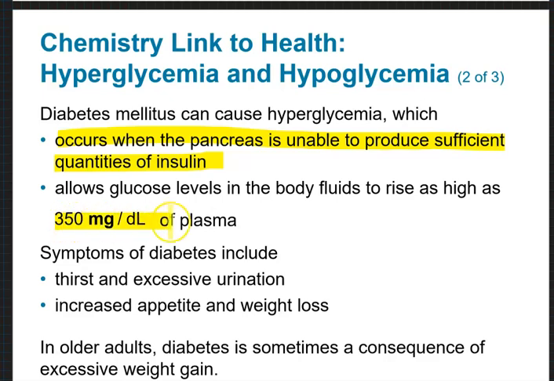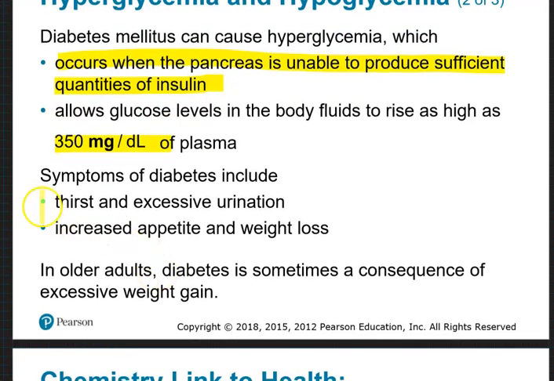Now, 350 milligrams per deciliter is a pretty average level for a person with uncontrolled diabetes. It can be up to 800 milligrams per deciliter in a person, say type 1 or type 2, who eats a high carbohydrate meal. Okay? Symptoms: thirst and excessive urination.